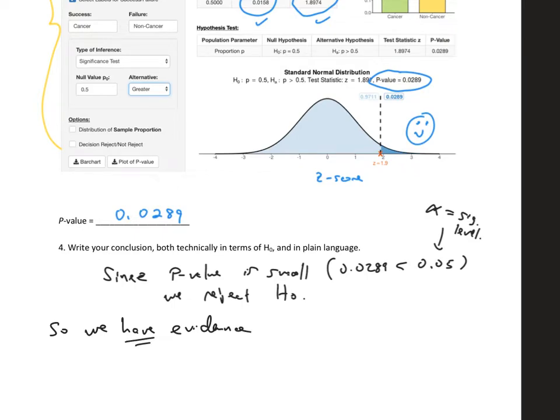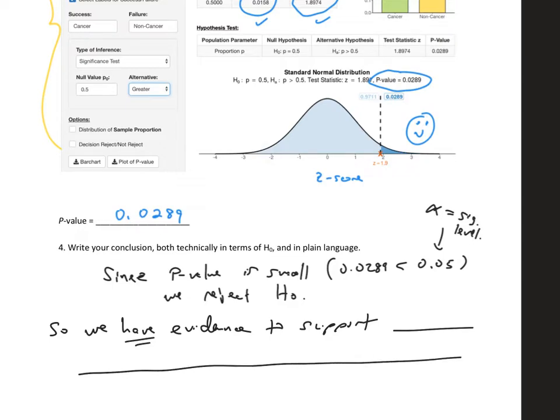And then in English, we say that we do have evidence to support, and then I'm going to write as best I can the statement HA. So what goes in the blank is always the statement HA. Rejecting H0 means I'm supporting HA. HA in this case, remember, was that the majority of women would have answered this way.